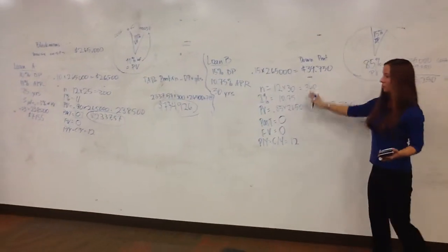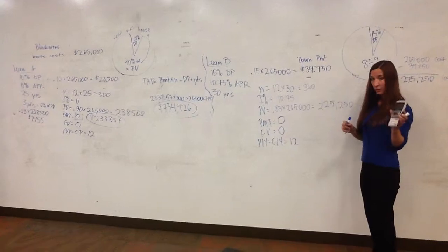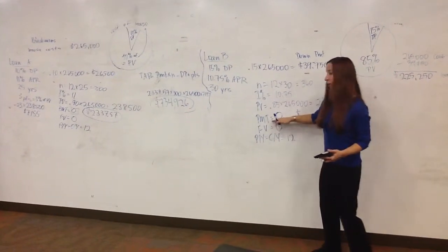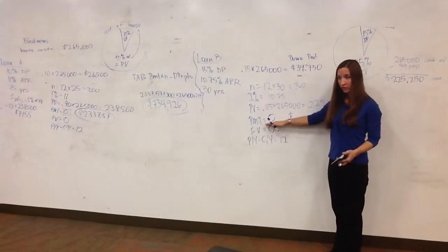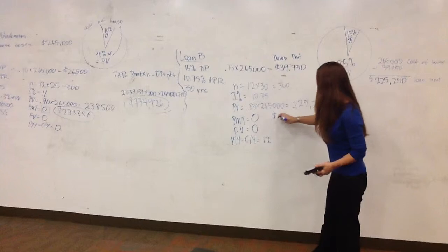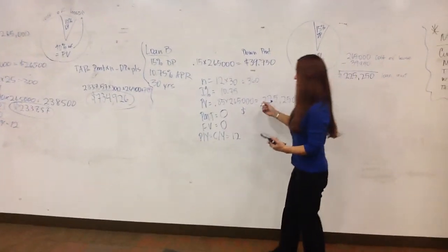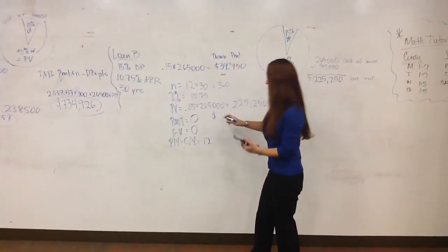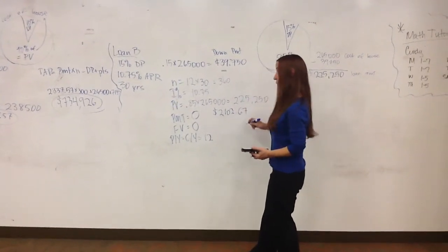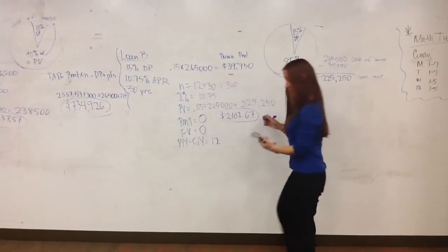So once I've typed all this stuff in, on the Casio, I press F4 for payment. On the TI, you would put your cursor right here and press the green alpha button and then the enter key. And I'm getting, this kind of looks weird to me, $2,102.67 when I round to the nearest cent.